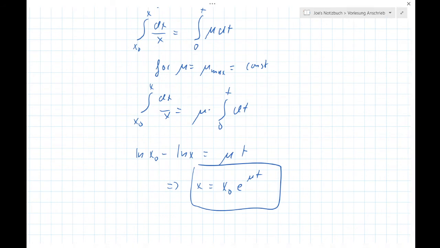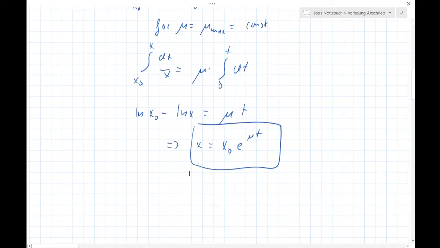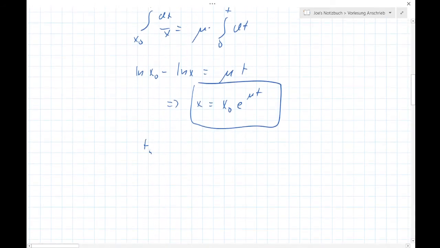So how long does it take now? Now the batch time, if Tb is our batch time, then we have our final concentration, X final, equal to our initial concentration, X0, times e to the power of mu Tb. And then we simply solve that.